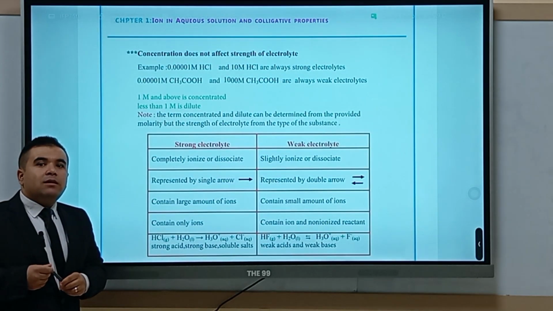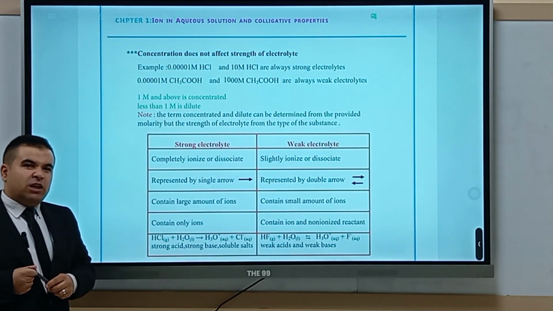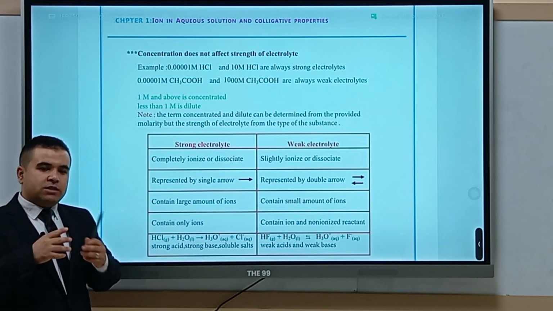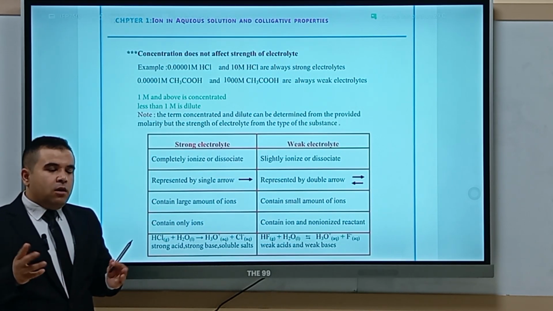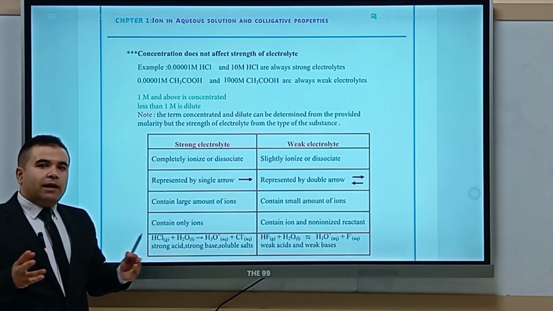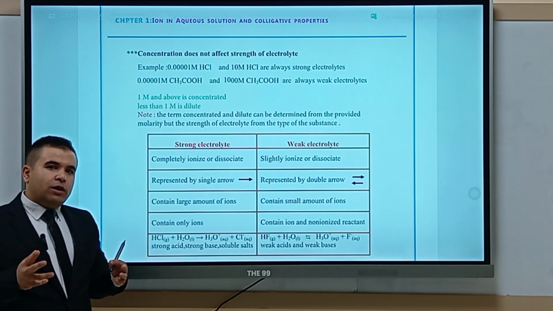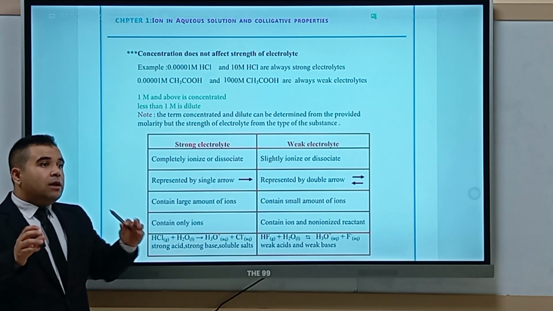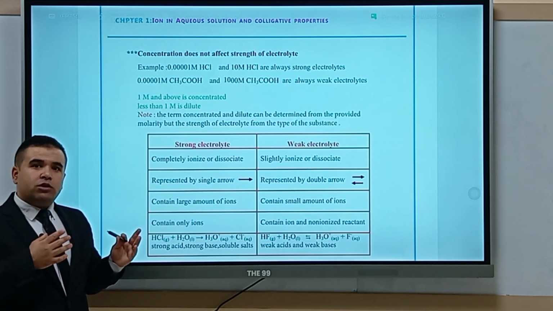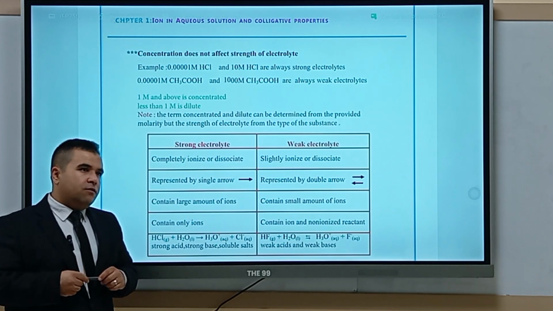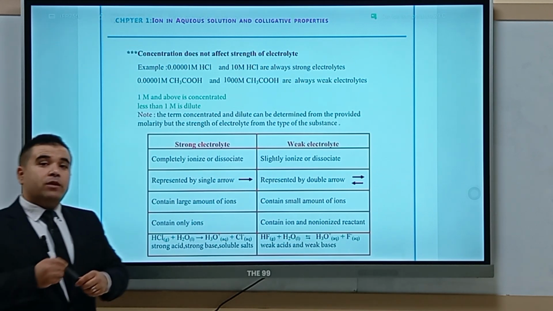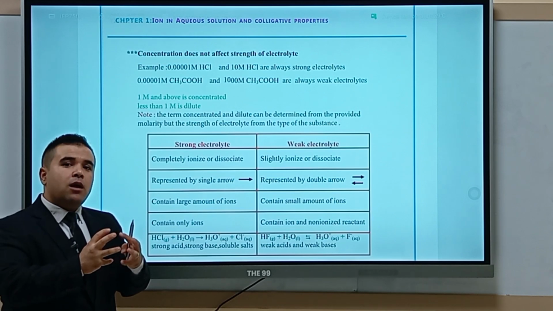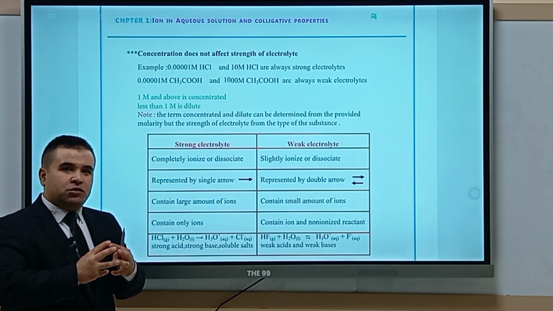Here we have something about dilute and concentrated. Most students may confuse this with the strength of electrolytes. Guys, keep in mind that the strength of the electrolyte is independent of dilute and concentrated. Dilute and concentrated we talked about at the beginning of the video. We said a dilute solution is a solution that contains a low amount of solute.